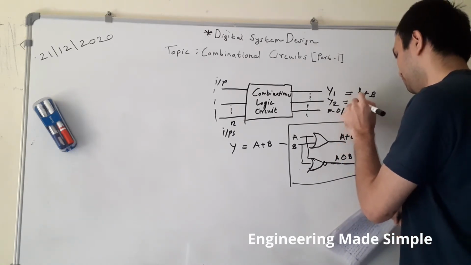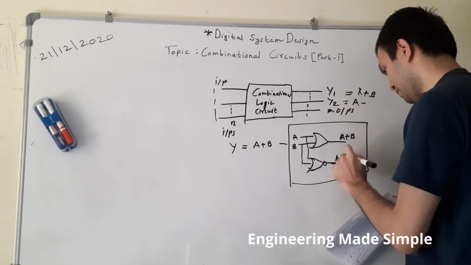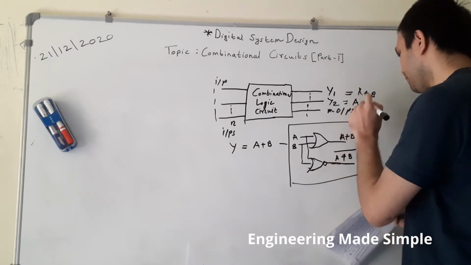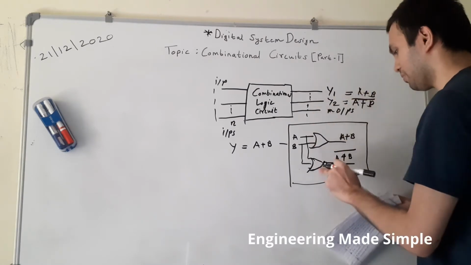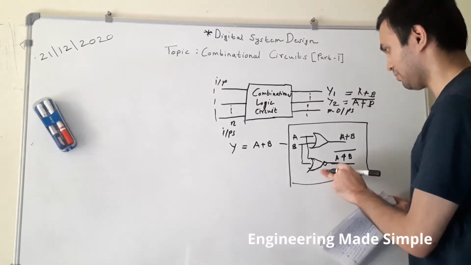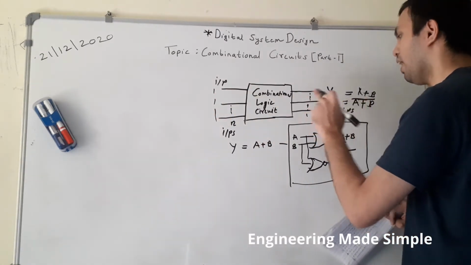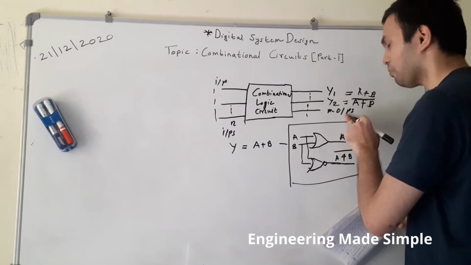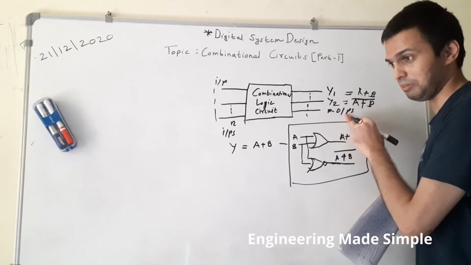A NOR B. I drew XNOR actually, but it is A NOR B, so I made a mistake over here. It is A plus B, the whole complement, because it is a NOR gate, not XNOR, sorry. So corresponding to n inputs, there will be m outputs generated, in the form of m system equations, that is, Boolean expressions.